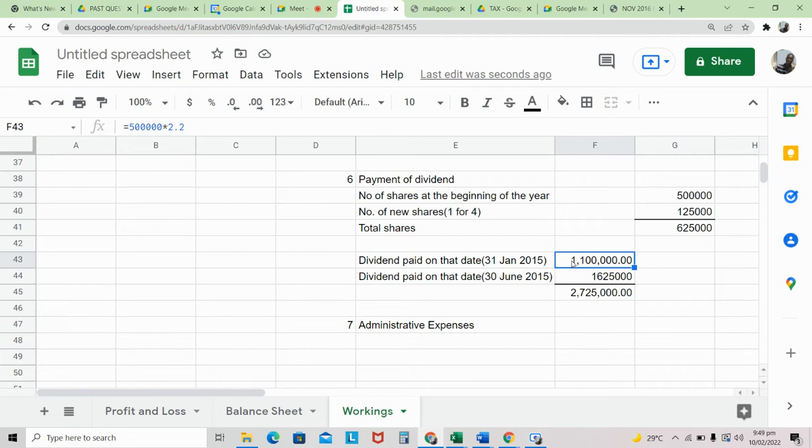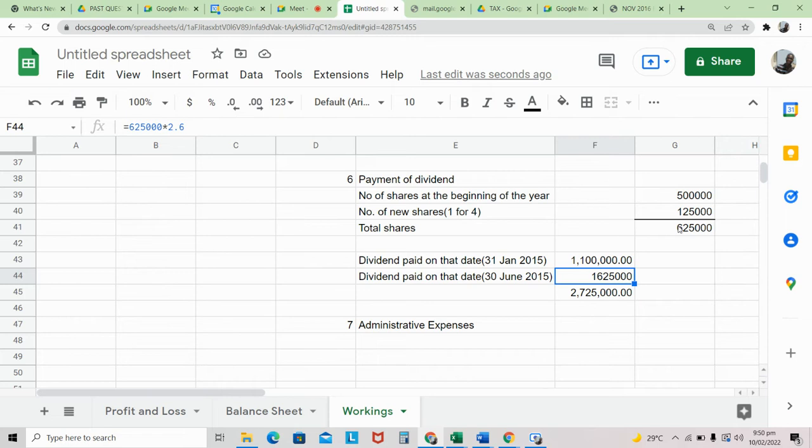Then the other one is 2.6 times the 500,000? No, for the other one, the number of shares increased because they made a bonus issue. So it's increased to 625,000. We did the workings here, and that will be used on that one, not on the first, original 500,000.